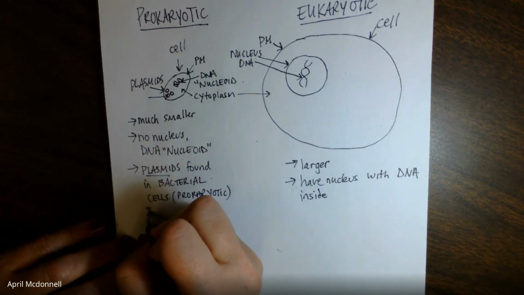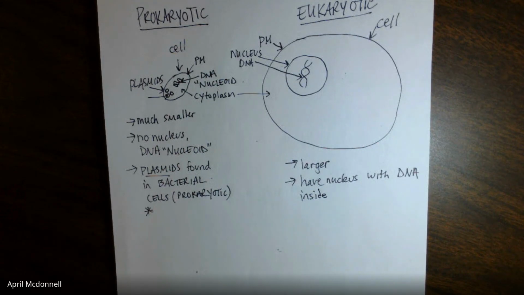A plasmid is a specialized ring of DNA that codes for specialized traits.